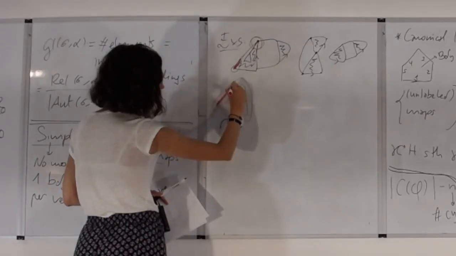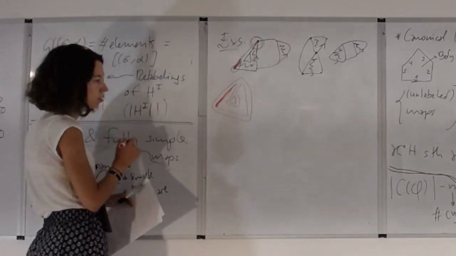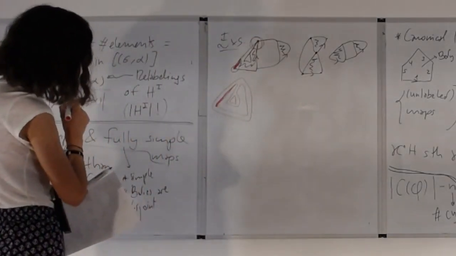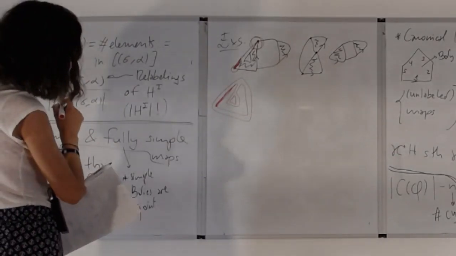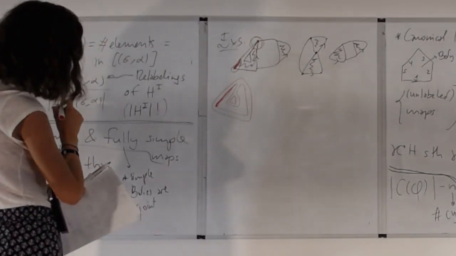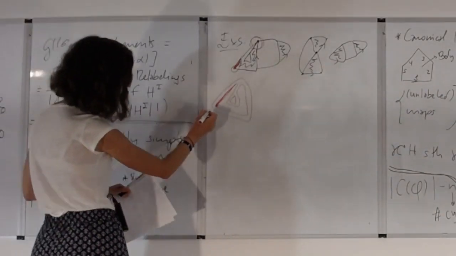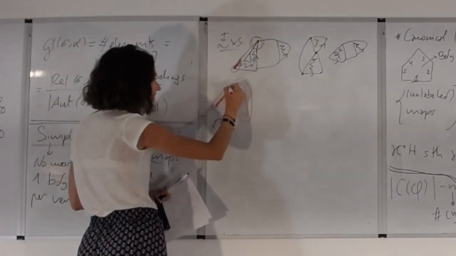This one belongs to the boundary, and it's incident to the vertex. Wait, sorry, now I'm confused. Am I saying this wrong? Yes, of course. Okay, forget it.